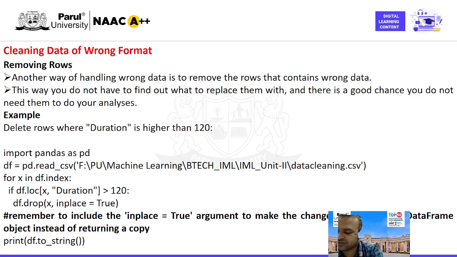We apply the drop function on your df, that means data frame, with inplace equal to True, so the row with duration higher than 120 is deleted. After deleting you want to print, so use the print function here. Remember to include the inplace equals True argument to make the changes in the original data frame object instead of returning a copy.